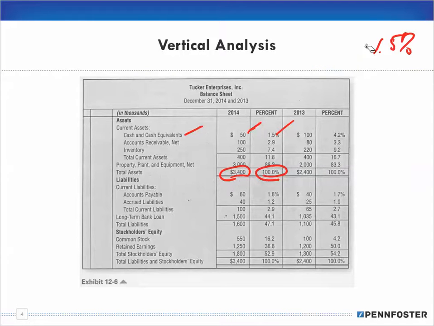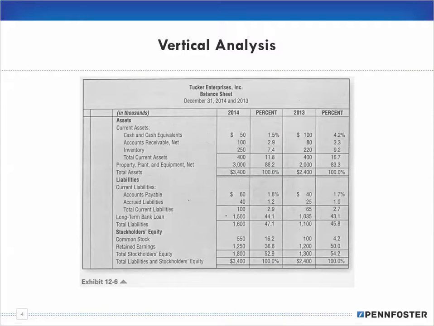And that's all you're doing, creating these percentages in an up and down fashion, right? You're setting the base as your total assets are 100%, and you're setting your liabilities and equity as 100%, okay? That's what you're using as a base, and then you're figuring out the various percentages for each one of those particular numbers. And you're doing it up and down.